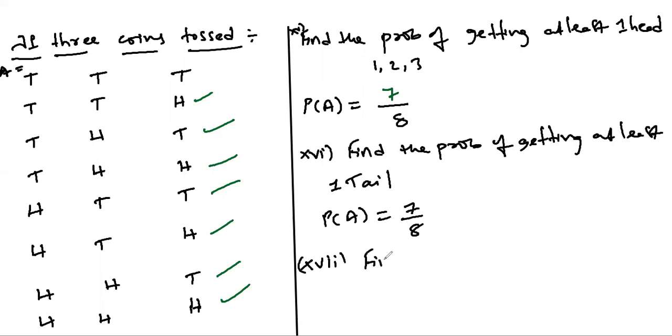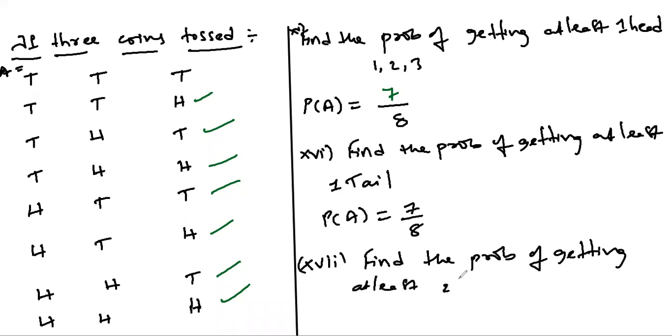Next, find the probability of getting at least two heads. So at least two heads means two is compulsory. At least means two should be compulsory or more: 2, 3. Then P of A is equal to, total is 8.